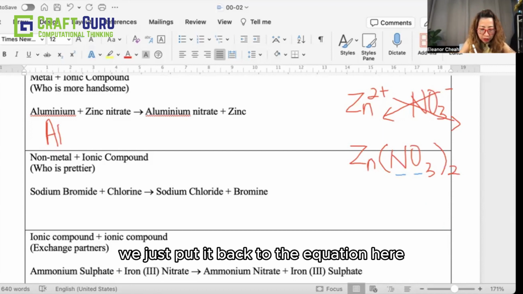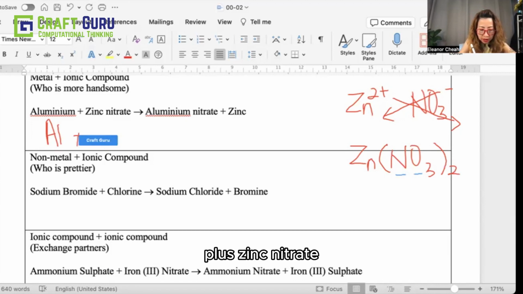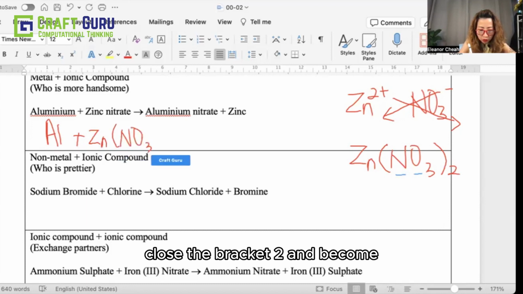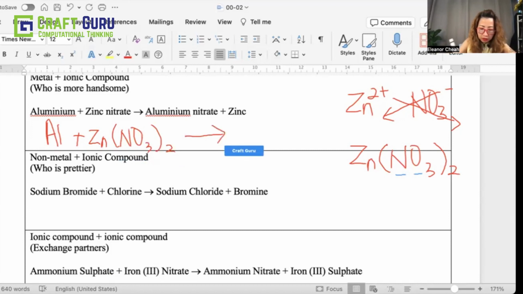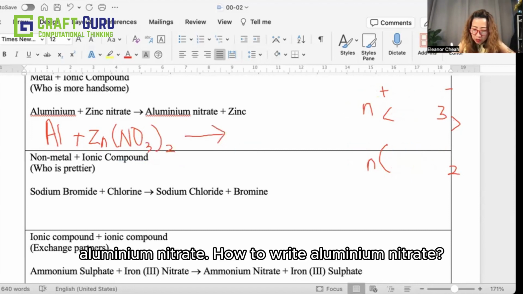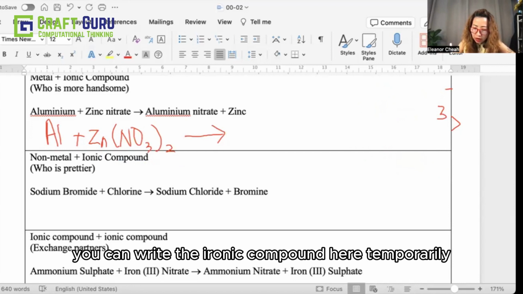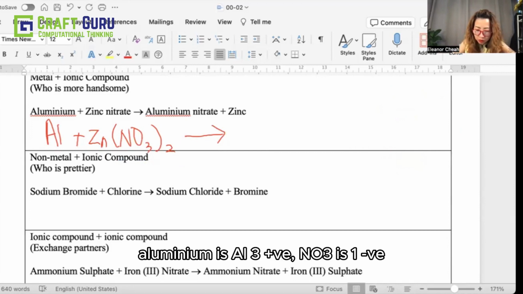We just put it back into the equation here, plus zinc nitrate, close the bracket 2, and become aluminium nitrate. So how to write aluminium nitrate? You can write their ions here temporarily. Aluminium is Al3 positive, NO3 is 1 negative.